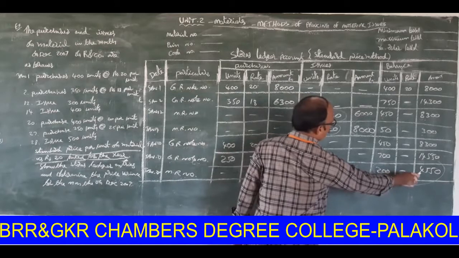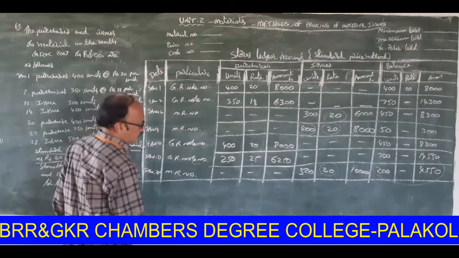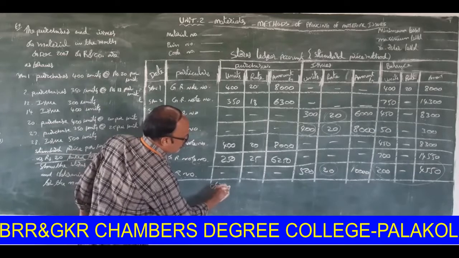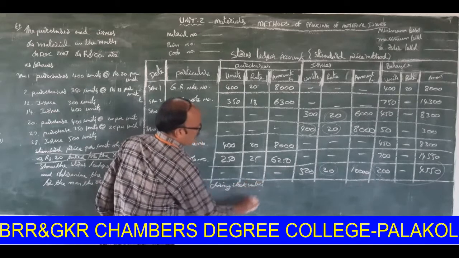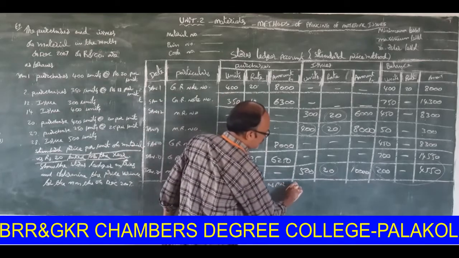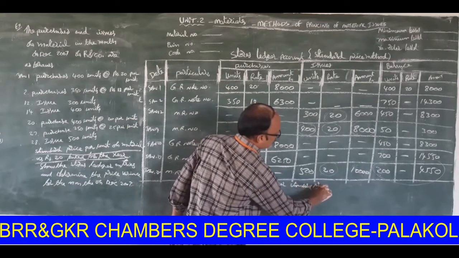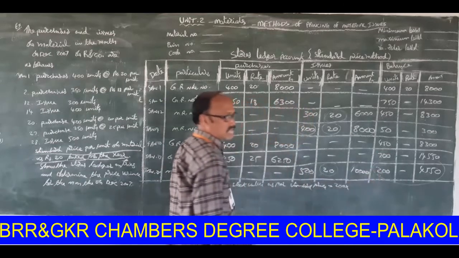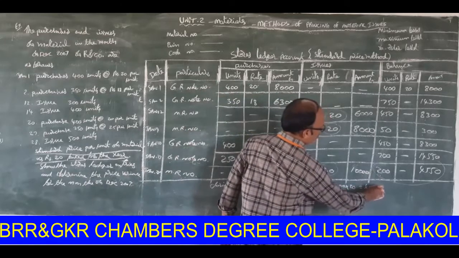But closing stock value as per standard price: 200 units, standard price per unit is 20, that is equal to 4,000.